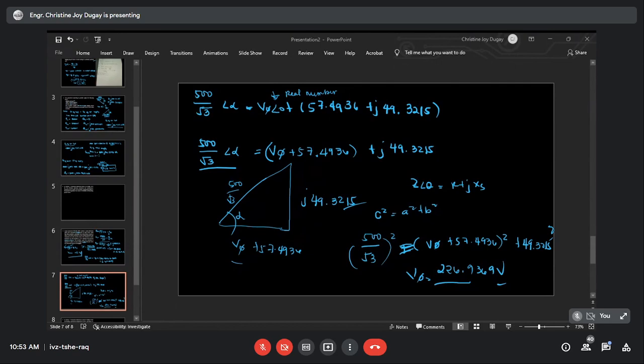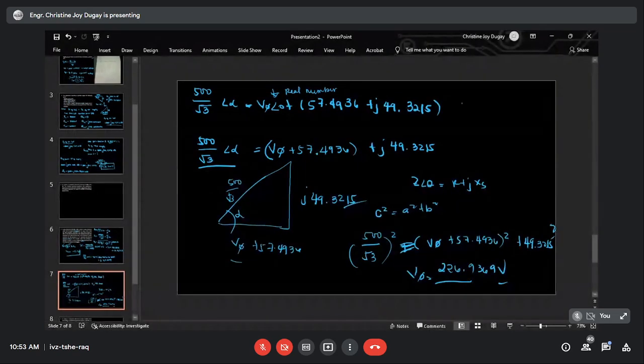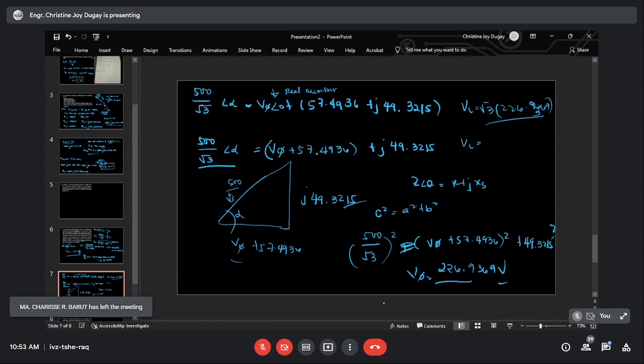So, if that is now the V-phase, what is now the value of V-line? That is square root of 3 times 226.9369. So V-line is approximately equal to how much? 393, ma'am.